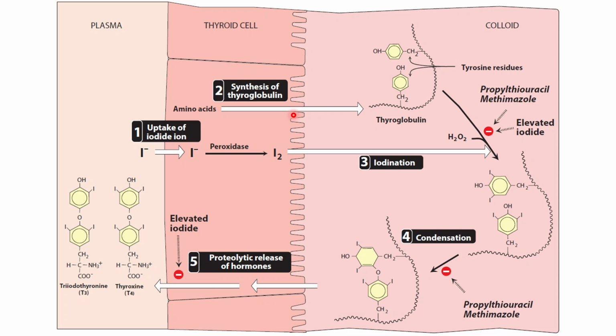And the last one is the thyroid hormones, and thyroid hormones are synthesized in thyroid glands, and the iodine is required for the synthesis.